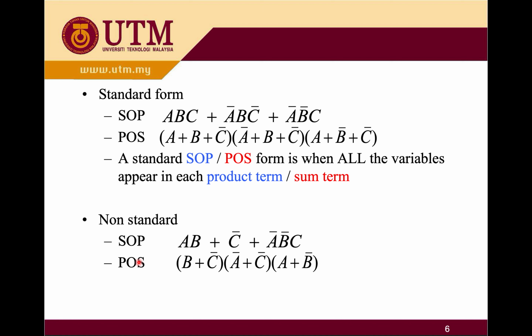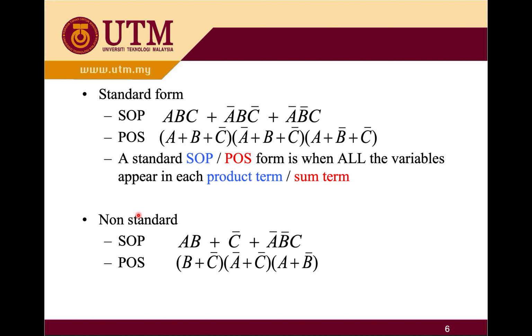For POS over here, the example, you can see the first term, you have B and C only, but there is no A. And then another one is A plus C, there is no B. And then A plus B, but there is no C. So it means that it's not full, not having all the variables.